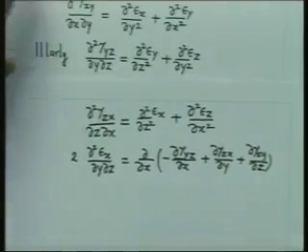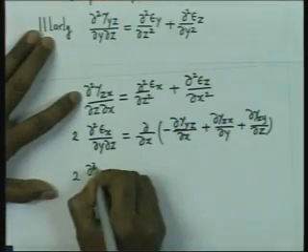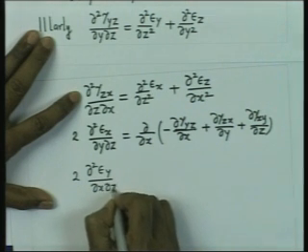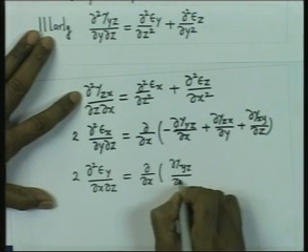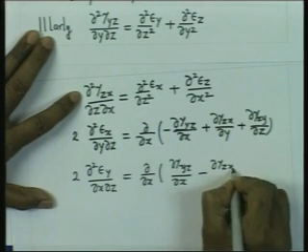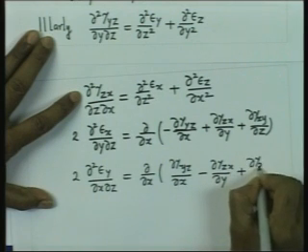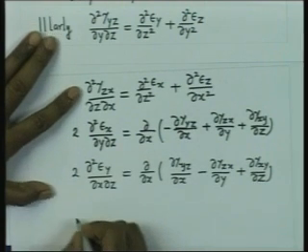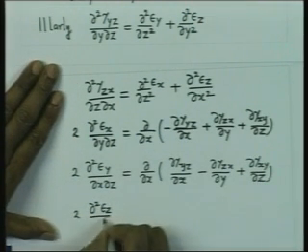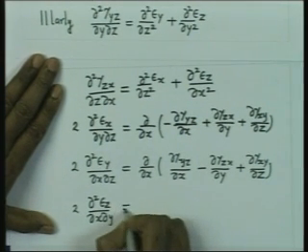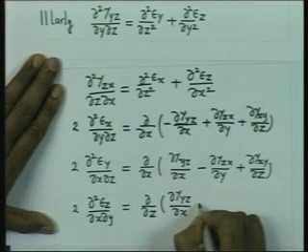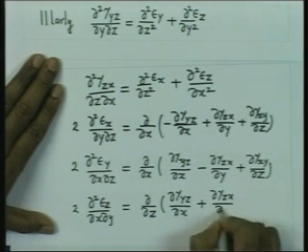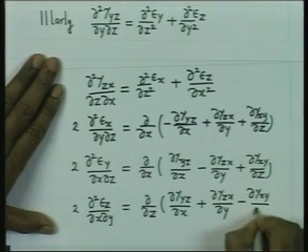So, this is another strain compatibility condition, and the other two which are of the similar type: delta 2 epsilon y by delta x delta z is equal to delta by delta y of delta gamma yz by delta x minus delta gamma zx by delta y plus delta gamma xy by delta z, and the last one, delta 2 epsilon z by delta x delta y is equal to delta by delta z of delta gamma yz by delta x plus delta gamma zx by delta y minus delta gamma xy by delta z.